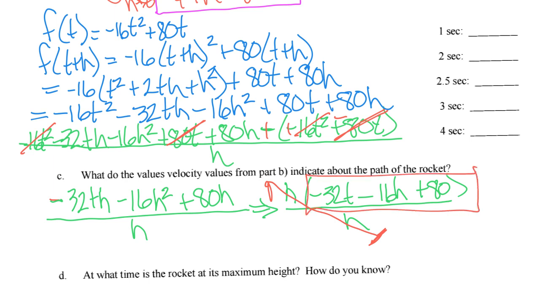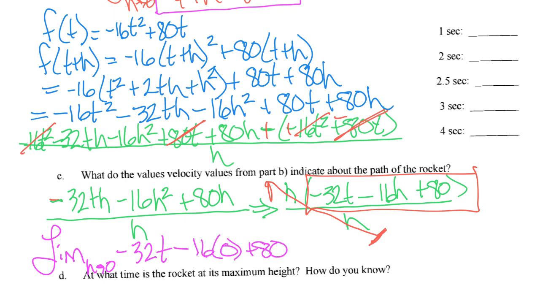We're going to take that and find the limit as h approaches 0 of negative 32t minus 16 times 0 plus 80.